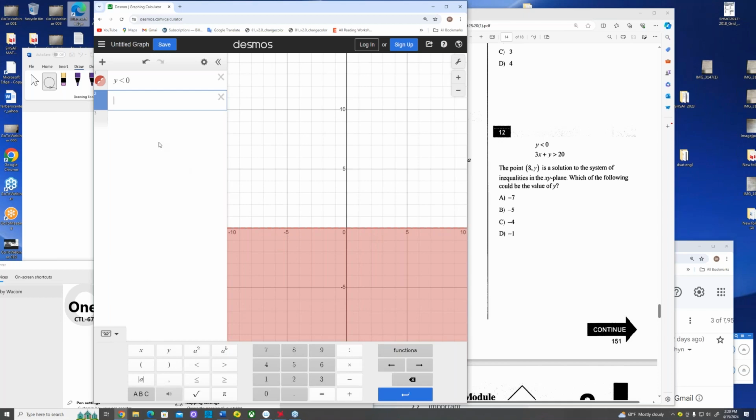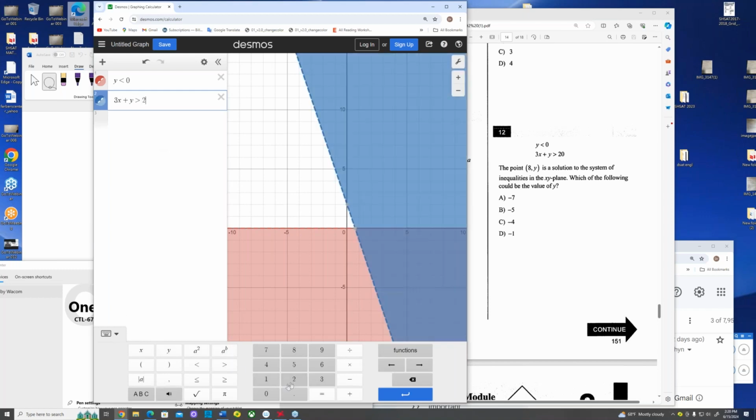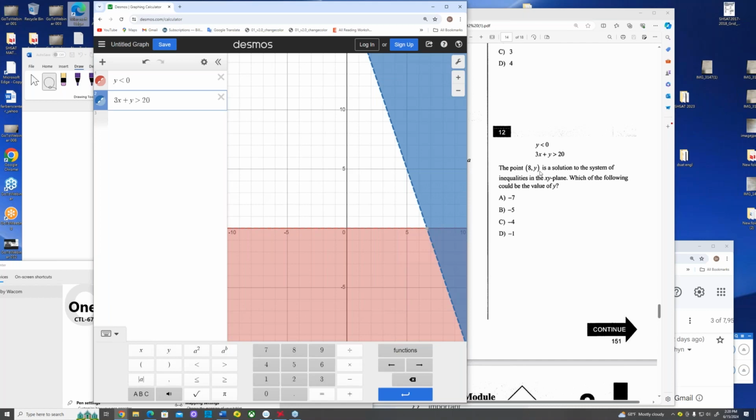And 3x plus y is greater than 20. Okay. And 0.8y is a solution.